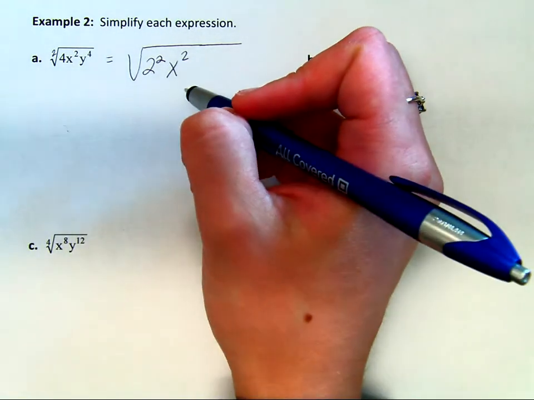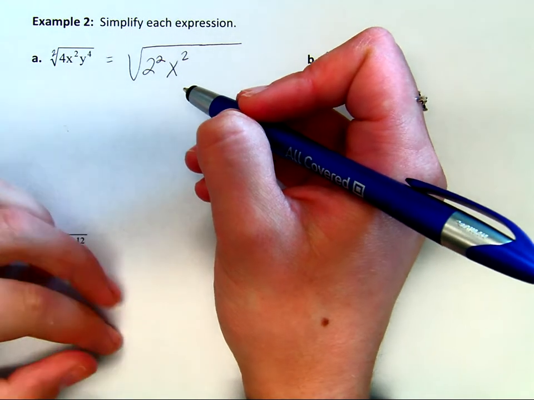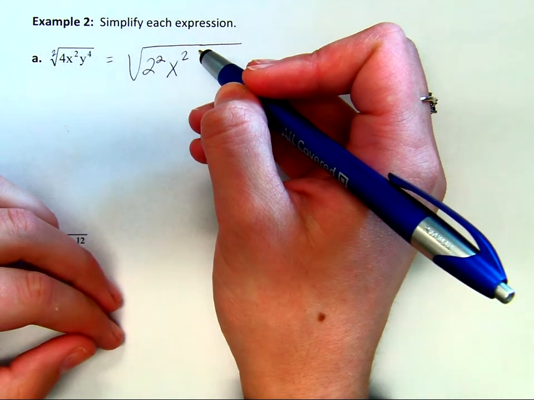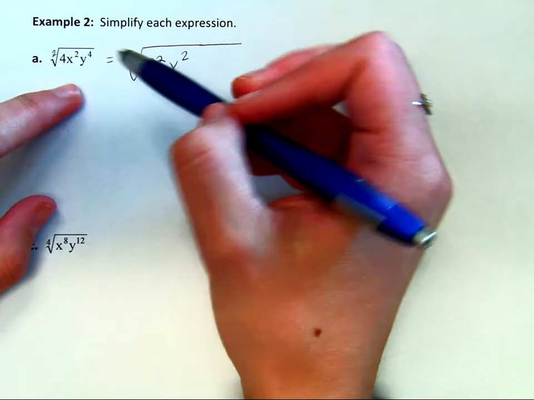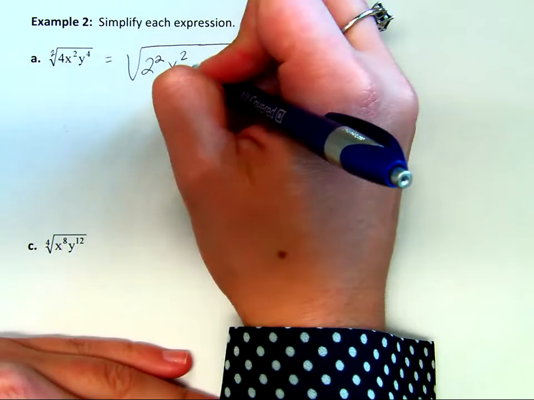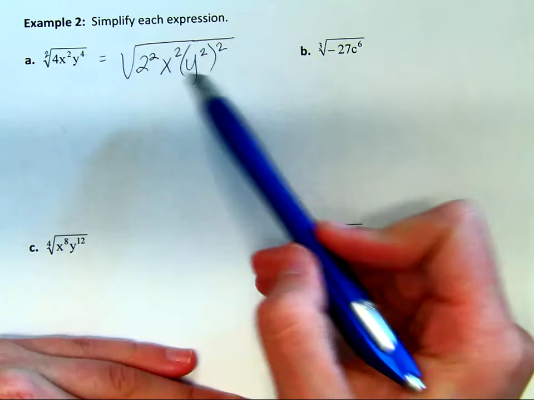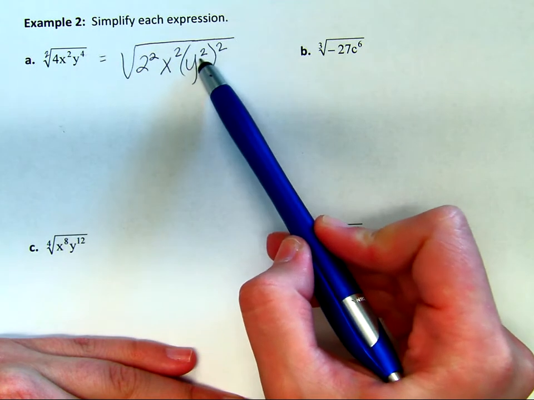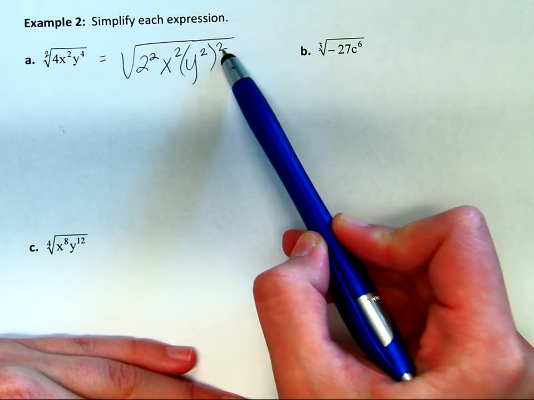When I do a power to a power, I multiply the exponents. So what times 2 gives me 4? Well, 2 times 2 is 4. So if I write y to the 4th as y squared squared, that's the same as y to the 4th.